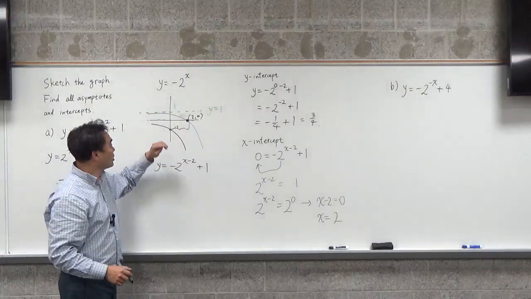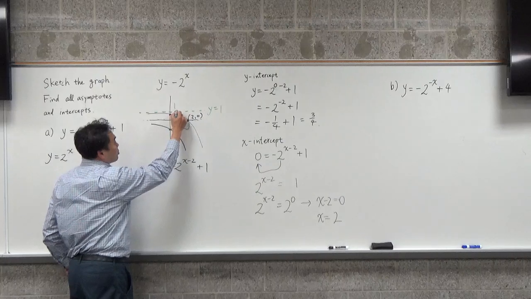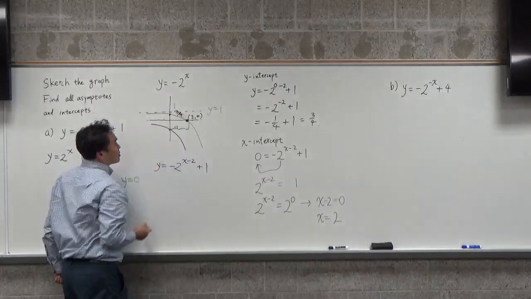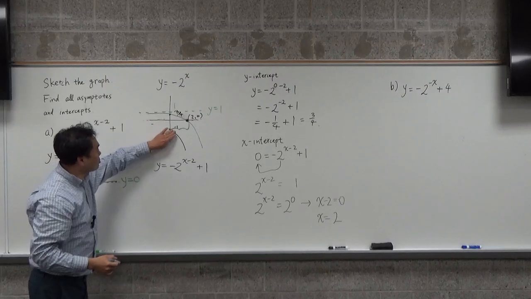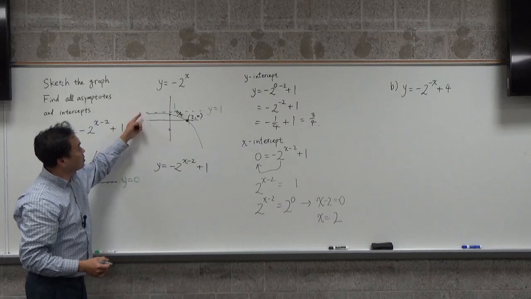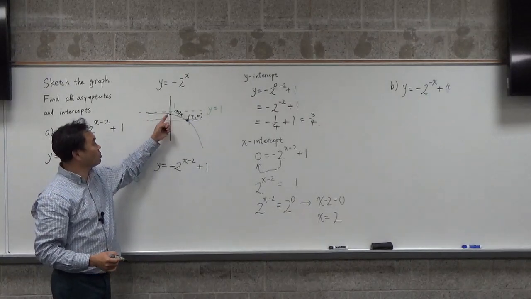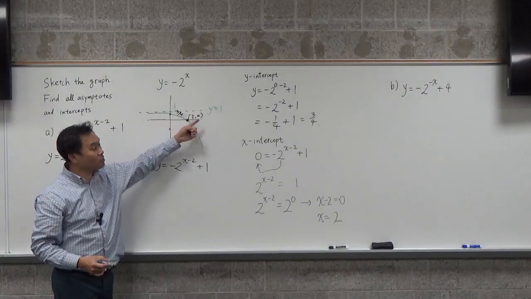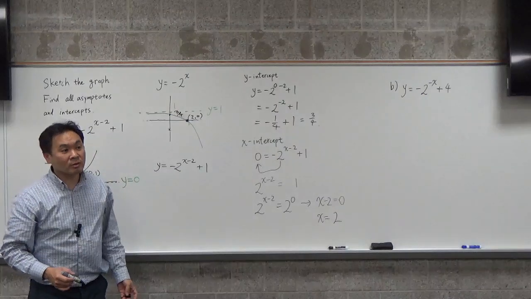We also know now that this point here is 3 over 4. And that's it. The answer to this question is this graph with the x-intercept at 2, the y-intercept at 3/4, and the horizontal asymptote being y equals 1.